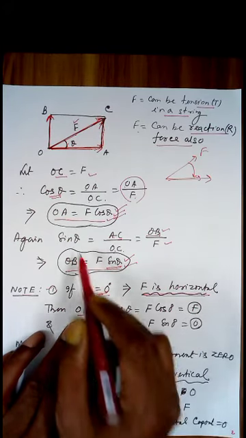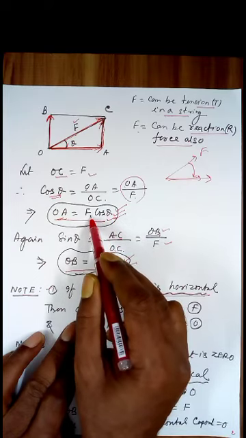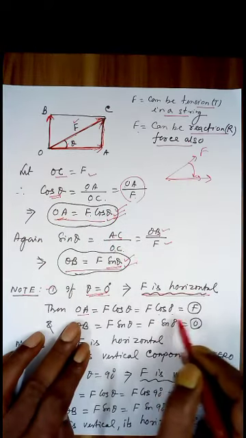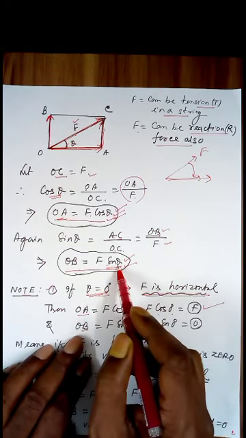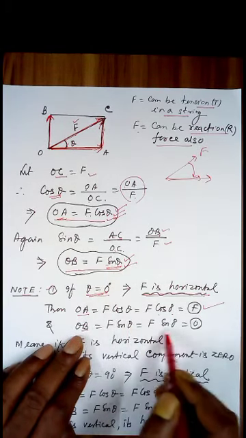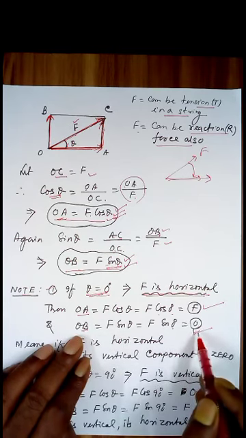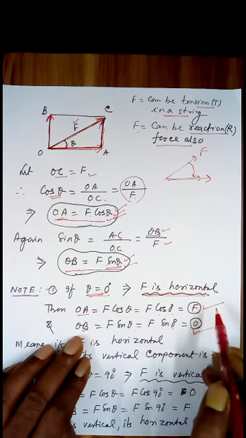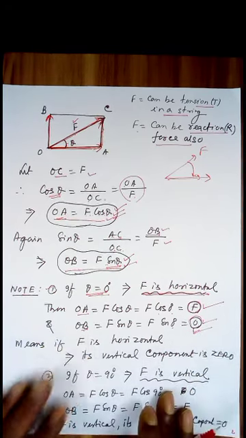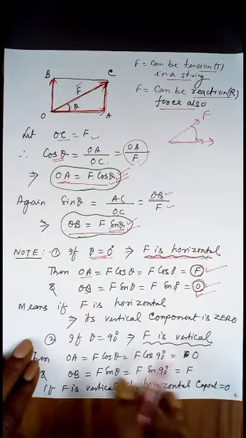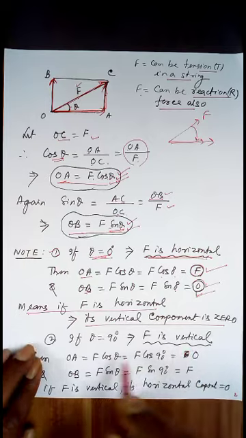Then your OA, if theta is 0, cos 0 is 1, so F into 1 is F. And your OB, since theta is 0 because F is horizontal, sin 0 is 0. So your vertical component is 0. So if a force is horizontal, the whole of it is F and its vertical component is 0, so there is no need to split it.